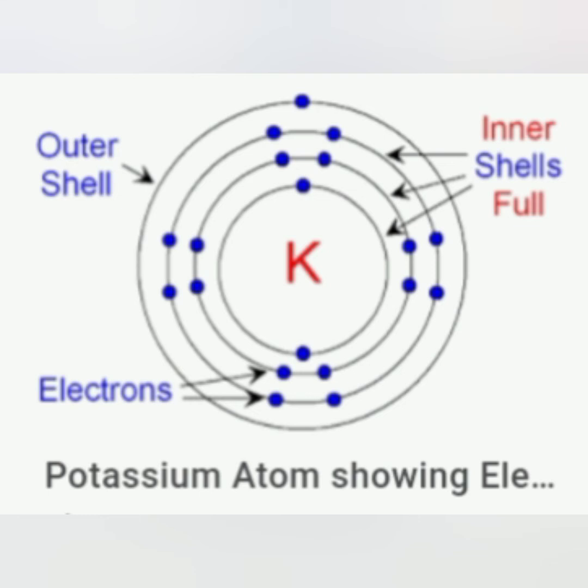Therefore the electronic configuration of potassium is 2, 8, 8, 1. Children, in your book many atoms' electronic configurations are given, from hydrogen to calcium. So I hope the electronic configuration is clear. Okay. If you have any problem, you can ask.